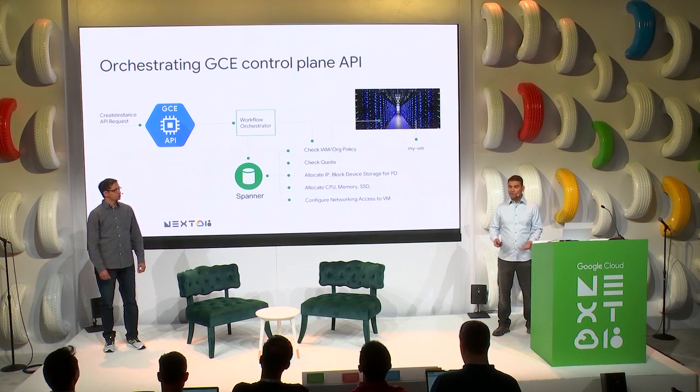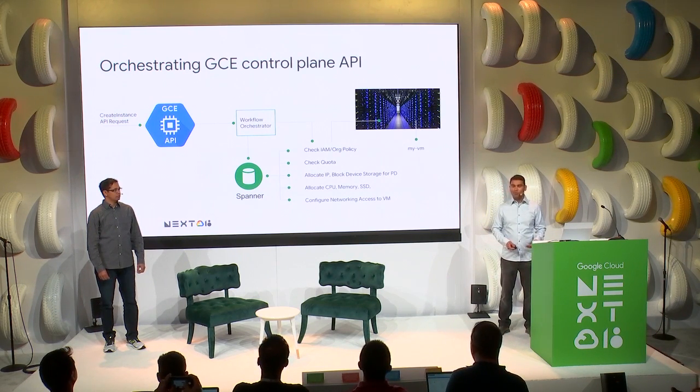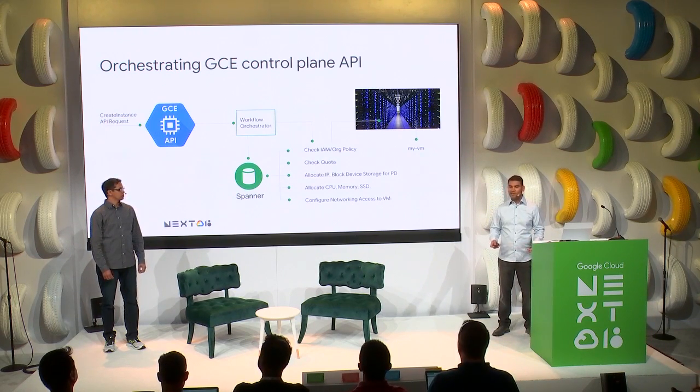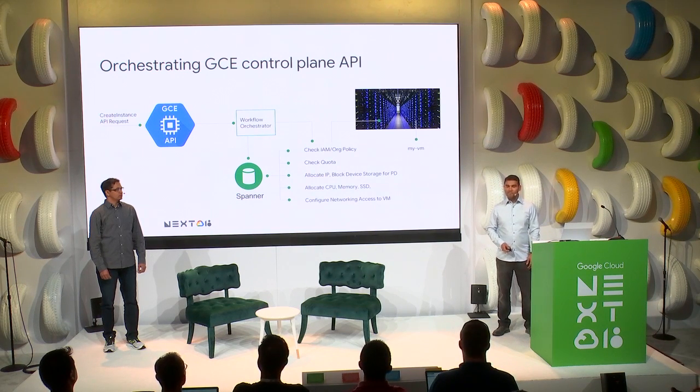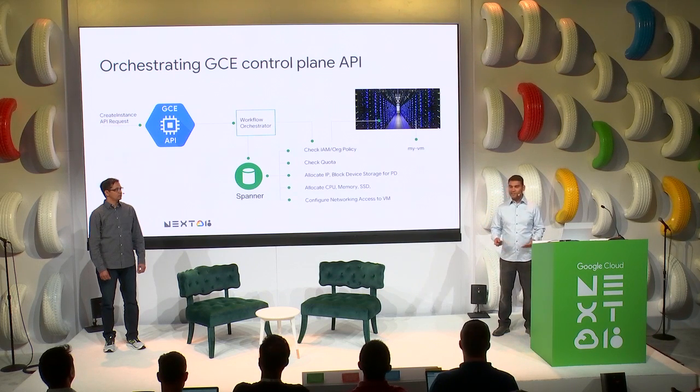Any one of these steps could fail. You can imagine a control plane with many projects, many resources that we manage, and many APIs that we need to process. We need to process and remember where we are exactly, so we can recover out of failures.